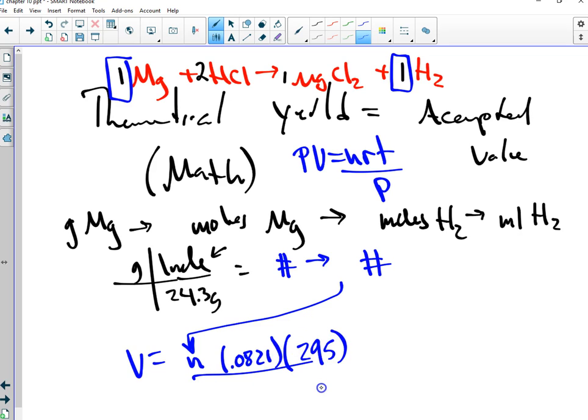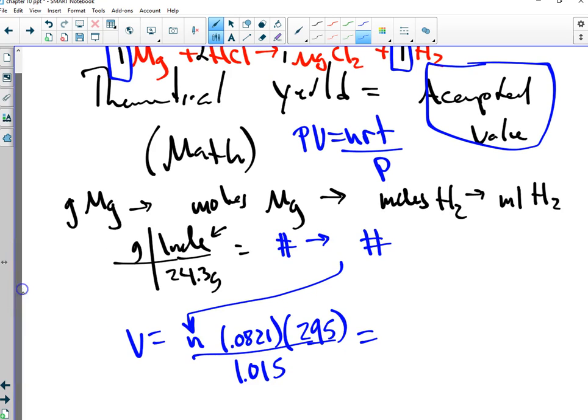And then our pressure, when you did the math, what did that end up to be? 1.0 something probably? All right, 1.015. And this math told us what the accepted value was, what it should have been based on just pure calculations. So whenever we just plug stuff in, that's accepted.